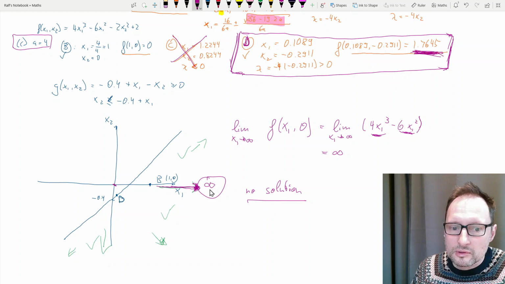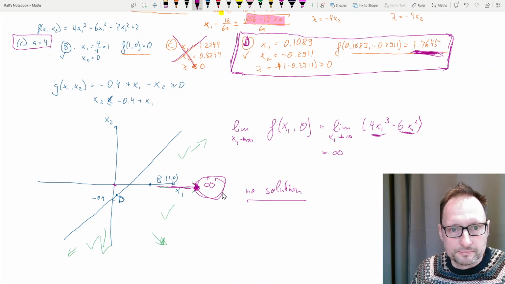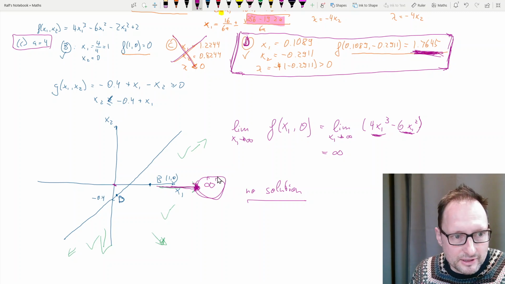So the function in this area goes beyond that value. Therefore, there's no solution. And that's the answer to the problem.